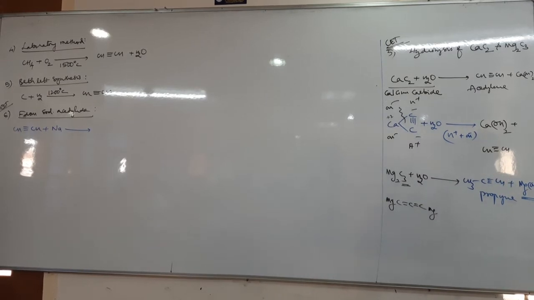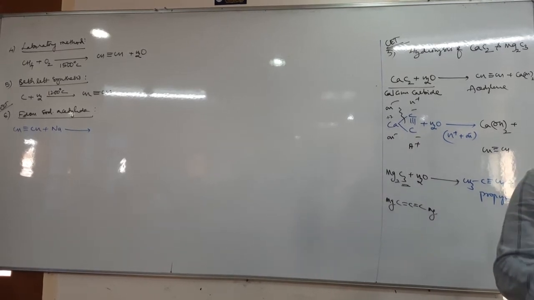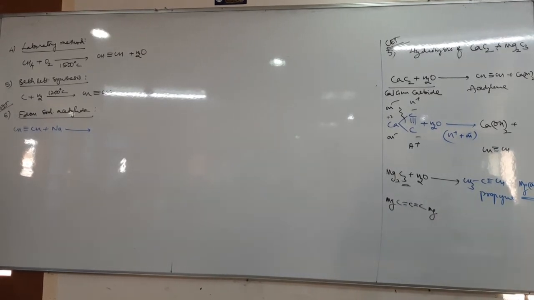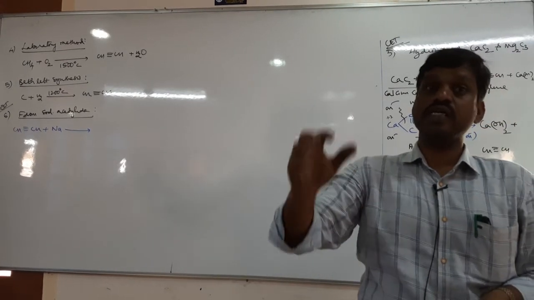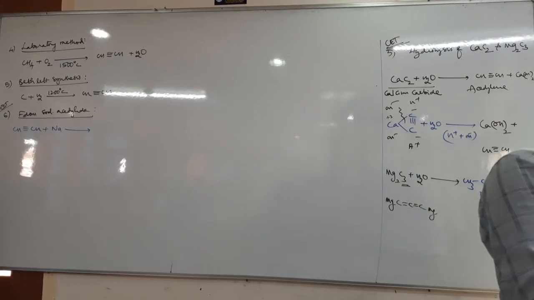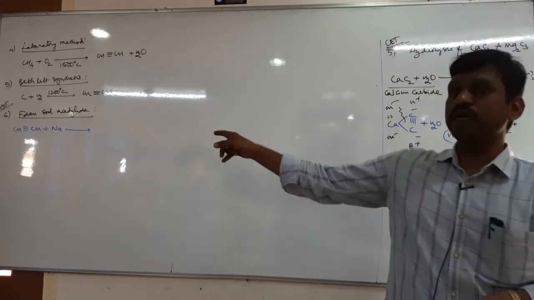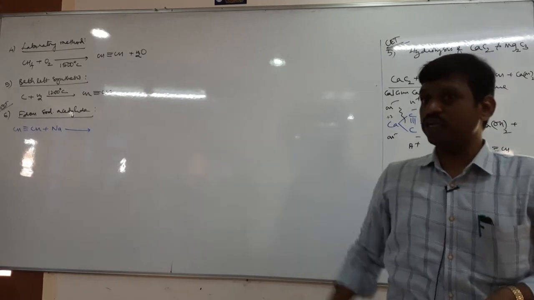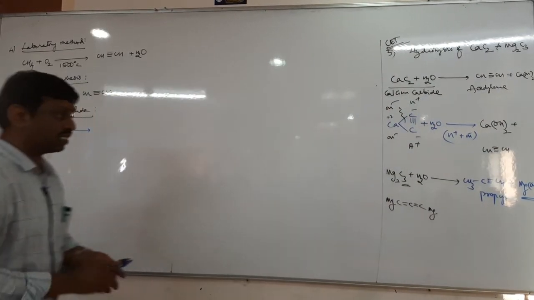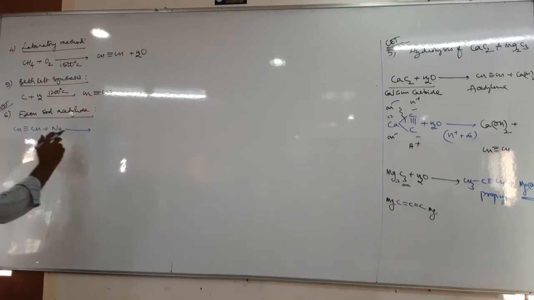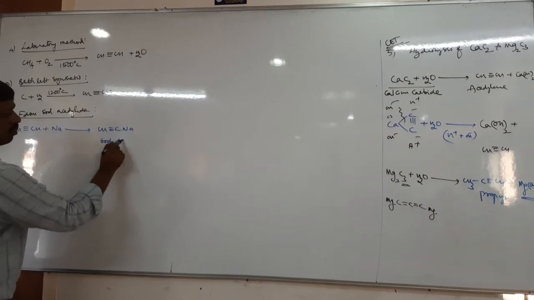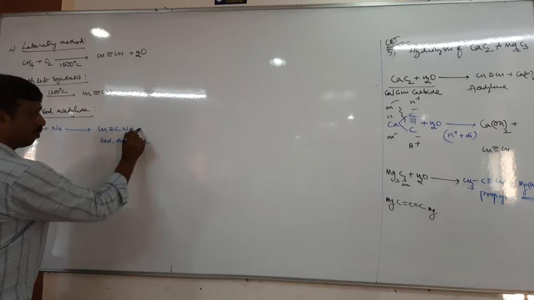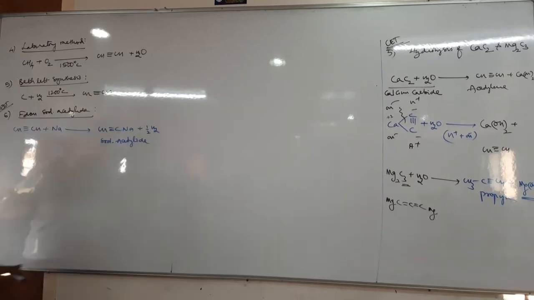We have studied in electrochemistry that the metal with negative SRP, means below hydrogen in the electrochemical series, reacts with all dilute acids and liberates hydrogen gas. Now here also sodium metal, negative SRP, reacts with acetylene. Sodium plus acetylene, here one hydrogen is replaced by one sodium, CH triple bond C Na, which is called sodium acetylide, plus half H2.